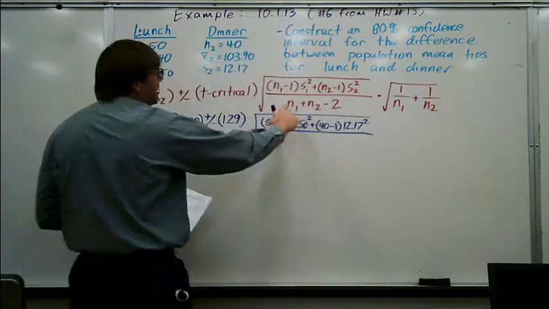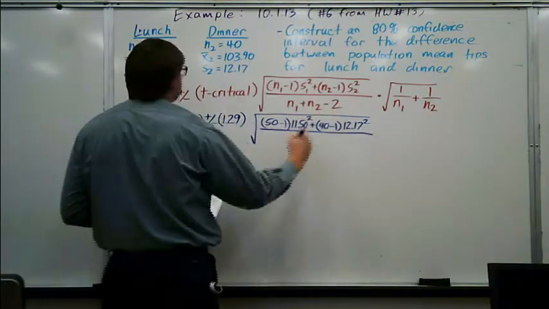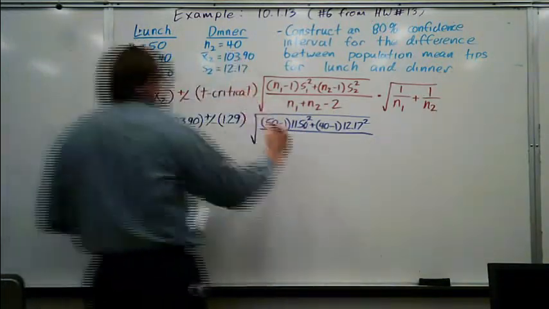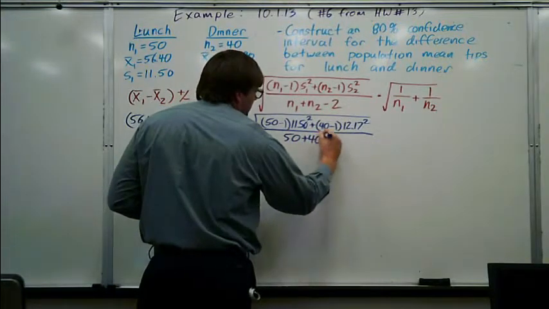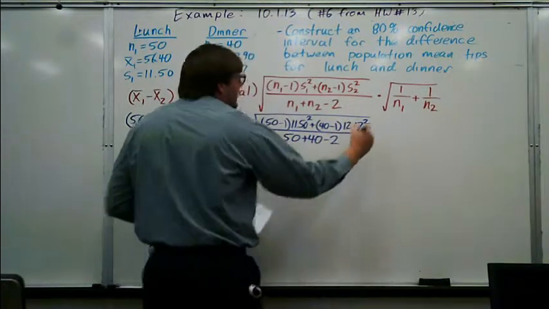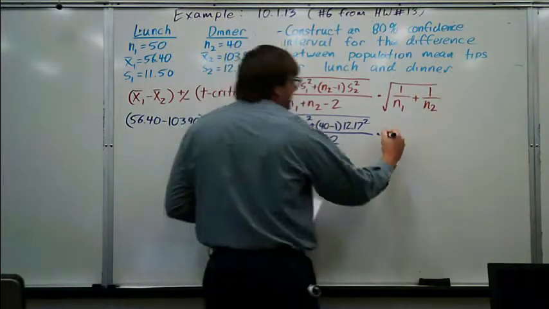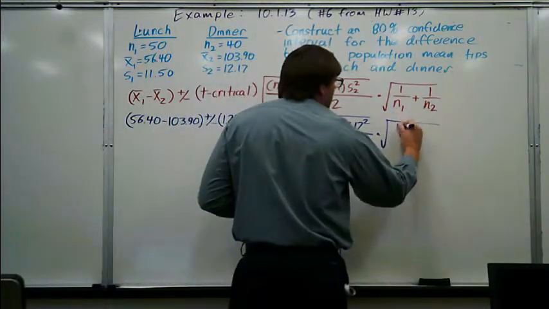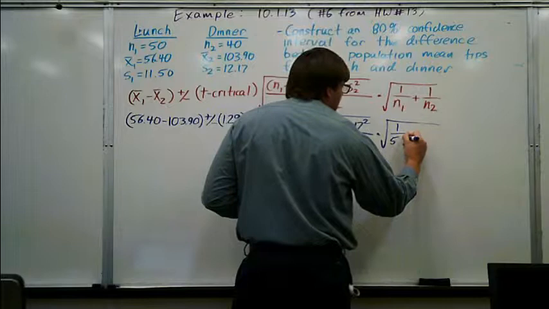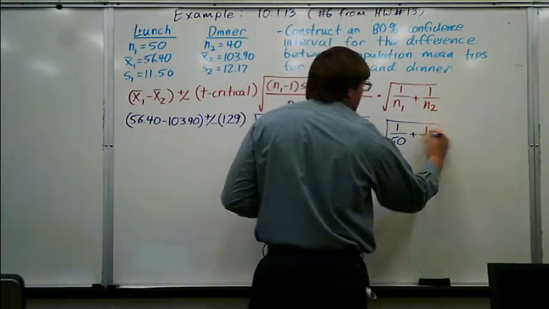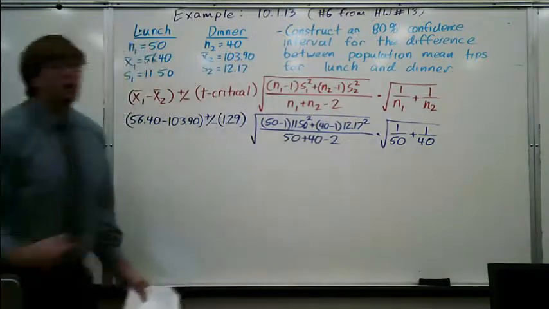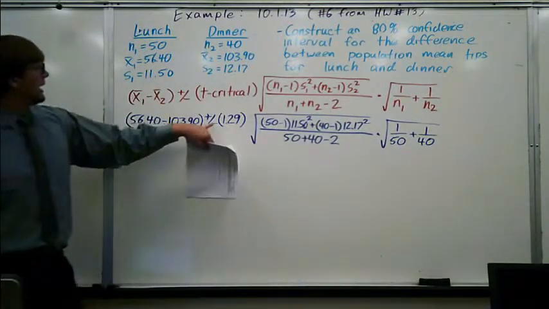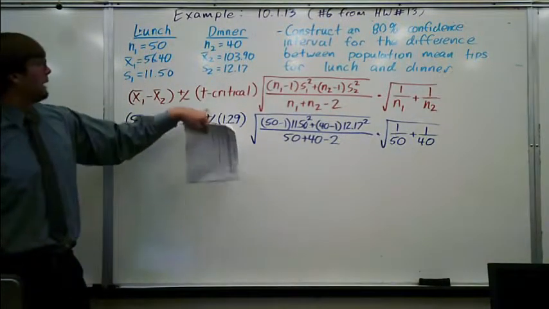Then all divided by n1 plus n2 minus 2, or 50 plus 40 minus 2. Multiplied by then the square root of 1 over sample size 1 plus 1 over sample size 2. Of course, we're going to get our lower bound by subtracting this, and the upper bound by adding it.